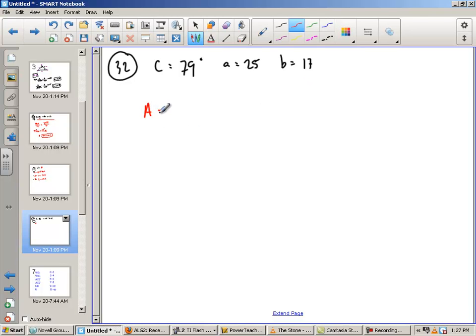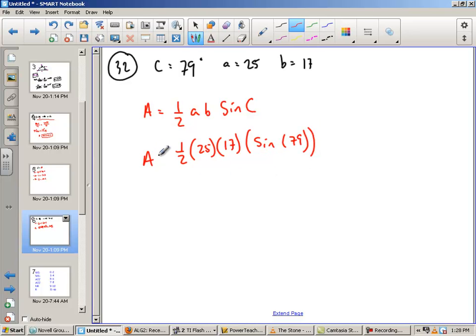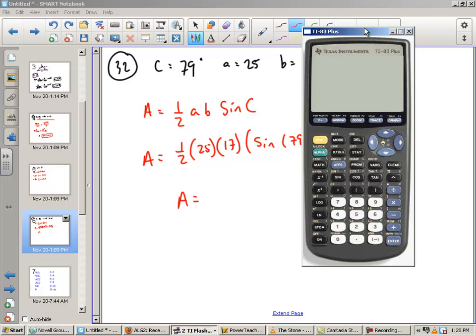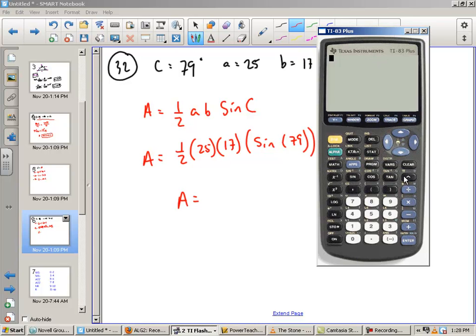I'm going to use the formula that area of the triangle equals 1/2 little a, little b, times the sine of capital C. I'm just going to plug it in. 1/2 times 25 times 17 times the sine of 79, and again I'm in degree mode here, so my area equals, and I'll just grab my calculator and plug it in. 0.5 times 25 times 17 times the sine of 79, close parentheses, enter.